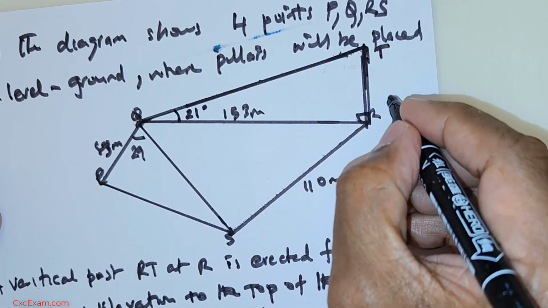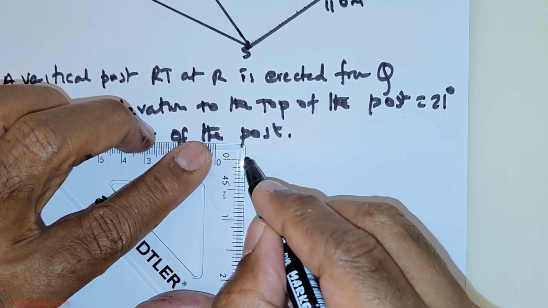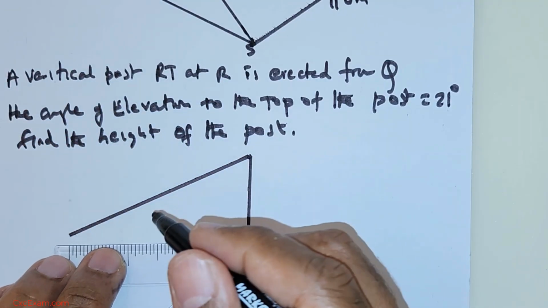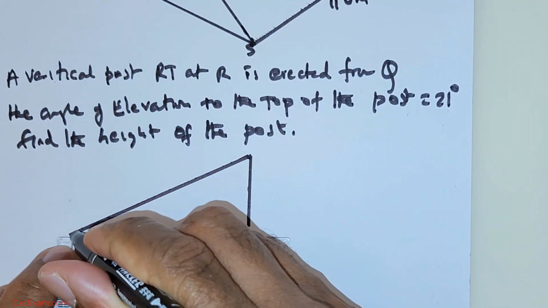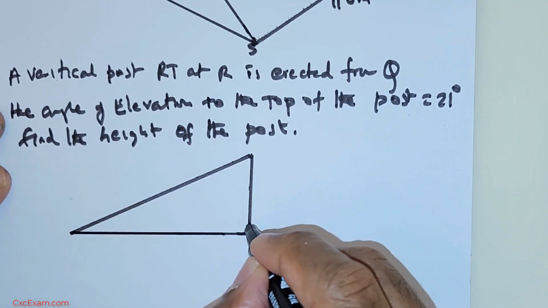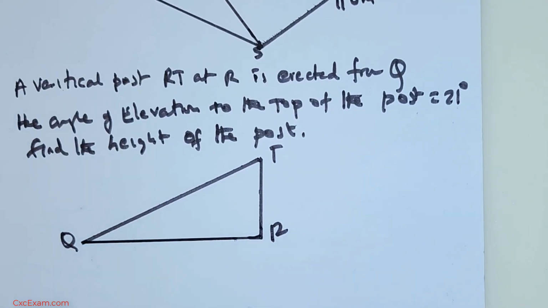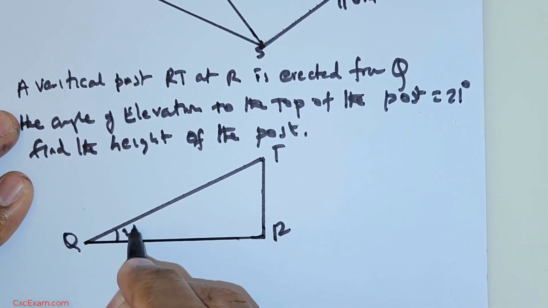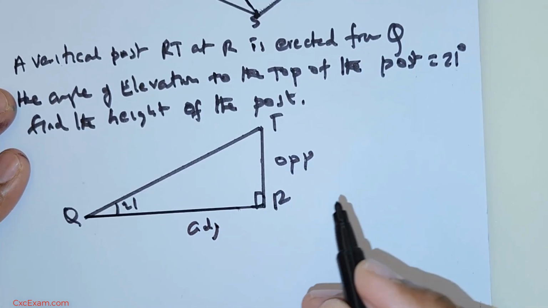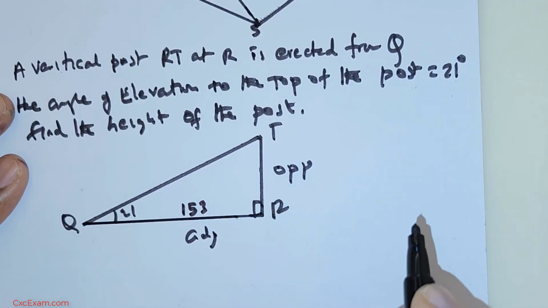Now we have to find this length. So I'm going to draw this over here. And this is R, this is T, this is Q, this is 21, this is 90 degrees, this is opposite side, this is adjacent side, and this is 153 meters.